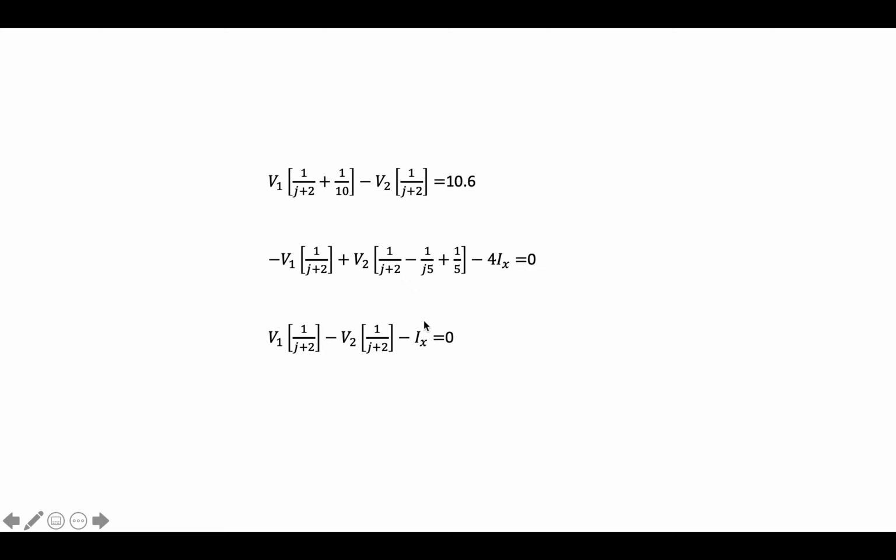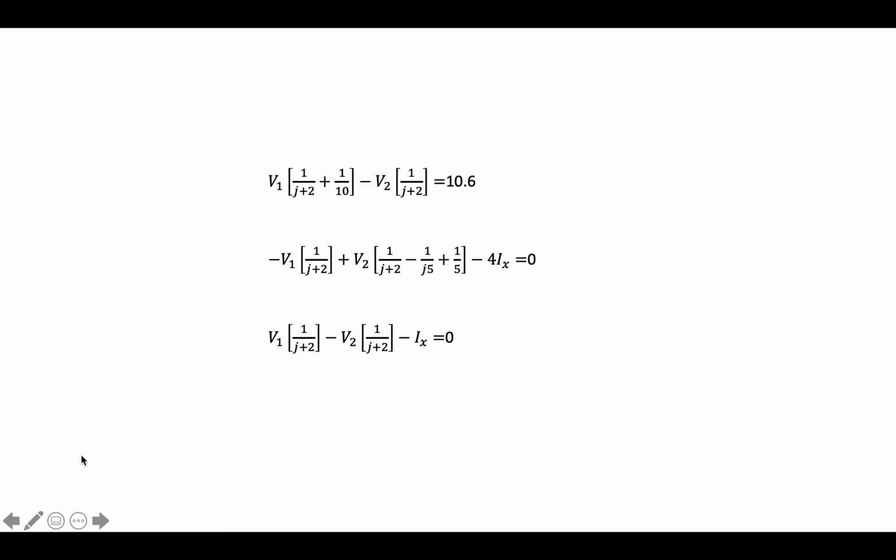That's how you construct what's referred to as the delta matrix in Cramer's rule. Then if you want to solve for V1, into that same matrix you insert for the V1 coefficient 10.6, 0, and 0 respectively. Then for V2, you would do that substitution for the V2 coefficient, and for Ix, you would do that same substitution.